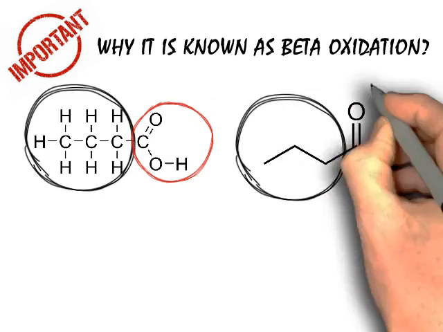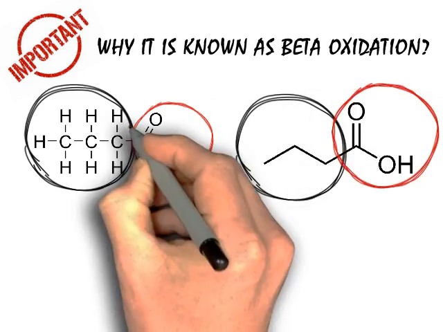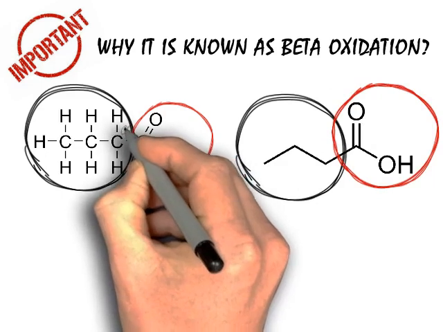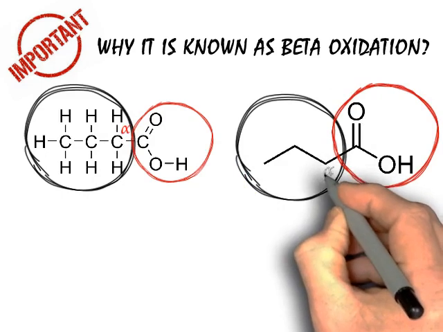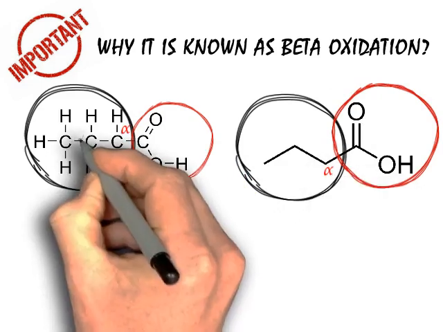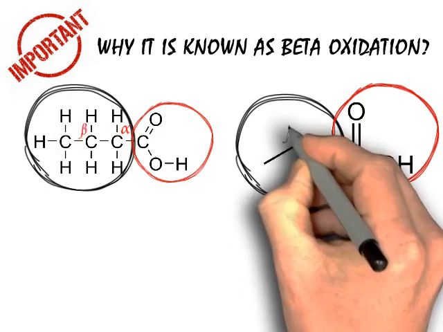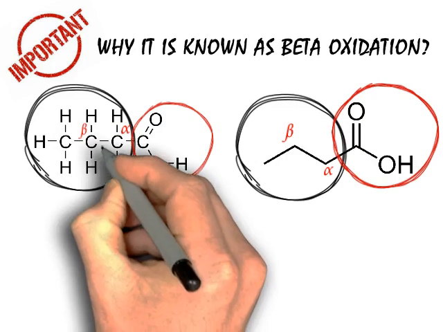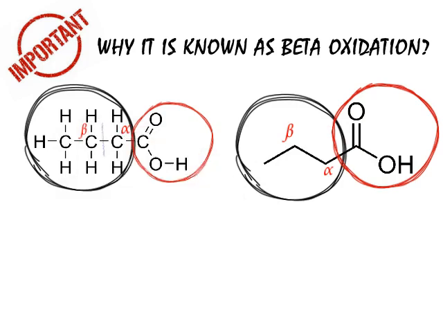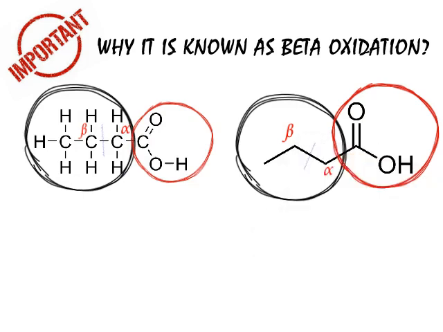And we also know that the carbon atom that is directly attached to the functional group is known as the alpha carbon, and the carbon atom next to it is known as the beta carbon. In beta oxidation, the bond between the alpha and the beta carbon gets broken, which results in beta oxidation.